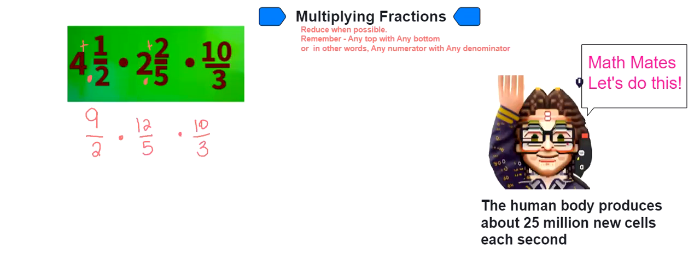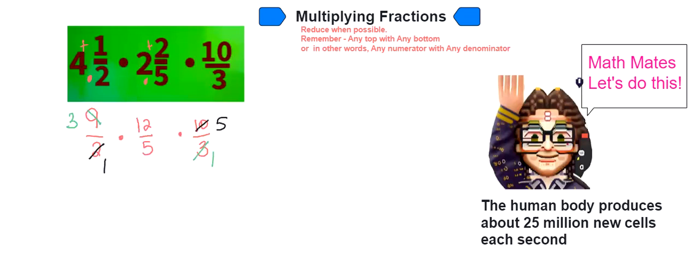All right, let's do some reducing. Remember, any top with any bottom. So I can go here and say 2 goes into 2 once, and 2 goes into 10 5 times. I can say 3 goes into 3 once, and 3 goes into 9 3 times. What else can we do?